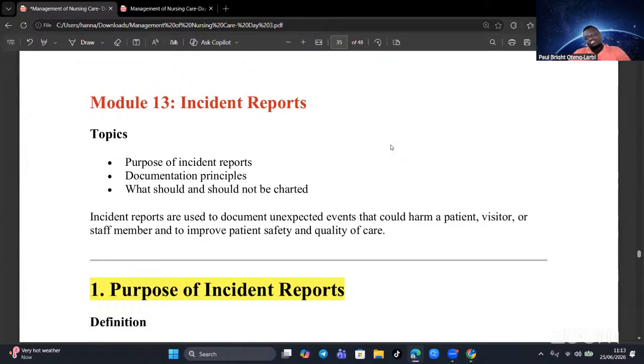As a nurse manager, or as a nurse working as a manager on the unit, an incident has occurred and you have to report it. So we are going to learn the purpose of incidents reporting, documentation principles, what should and should not be charted. Okay. So incident reports are used to document unexpected events that could harm a patient, visitor, or staff members, and to improve patient safety and quality of care.